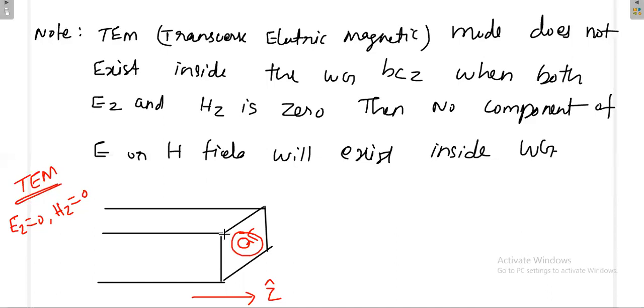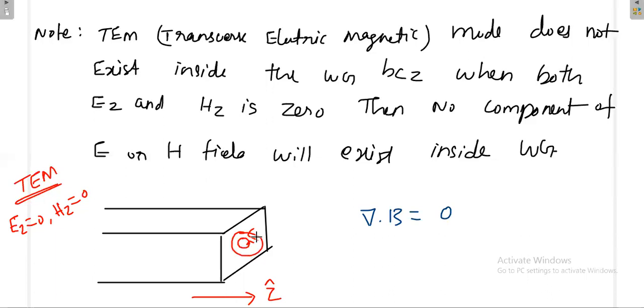But you know one thing, del dot B is always 0, irrespective of anything else. Since del dot B is 0, the magnetic field cannot be in a linear manner.